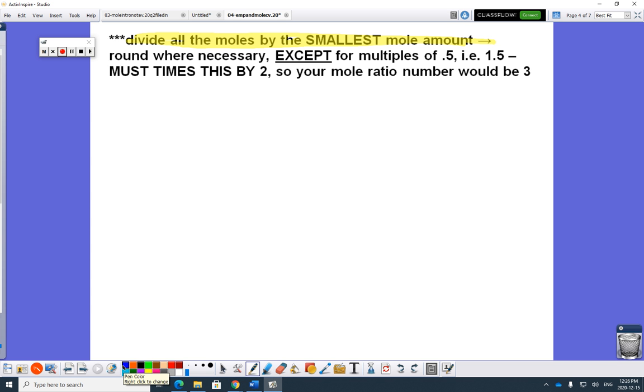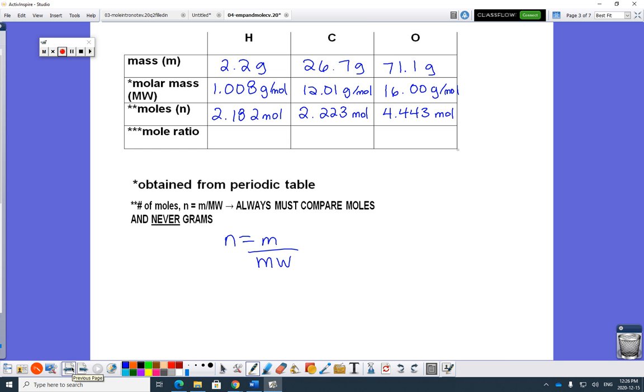We're going to take a look at the moles, and we are going to divide by the smallest mole amount. We want to get a chemical formula, like CO2, H2O, whatever, none of those have decimals. But when you have a mole amount, it's perfectly reasonable to get decimals. So what we need to do is find out what the mole ratio is. We are trying to find how these things are related to each other. So you pick the smallest one because we want the most reduced, and we don't want to go below 1.